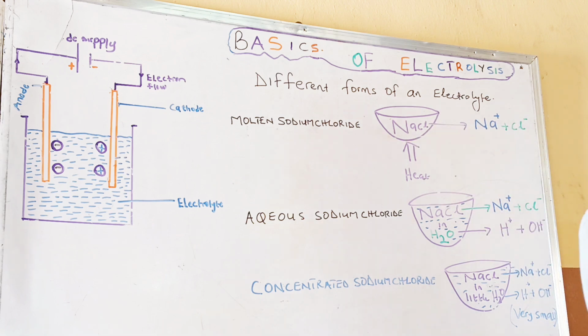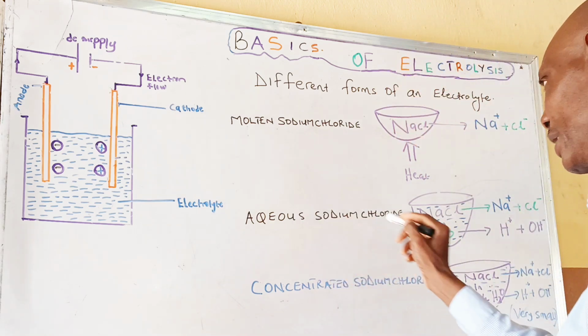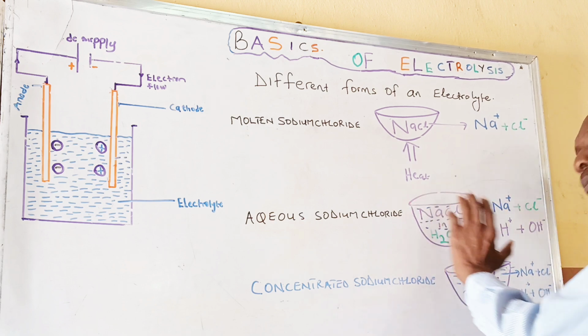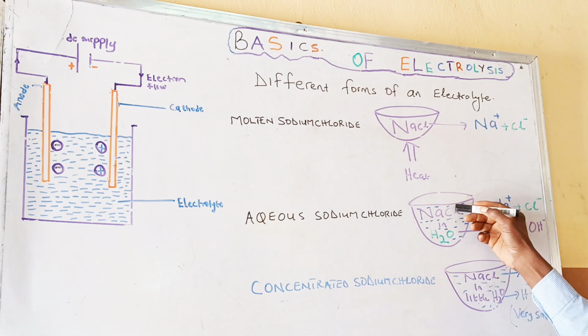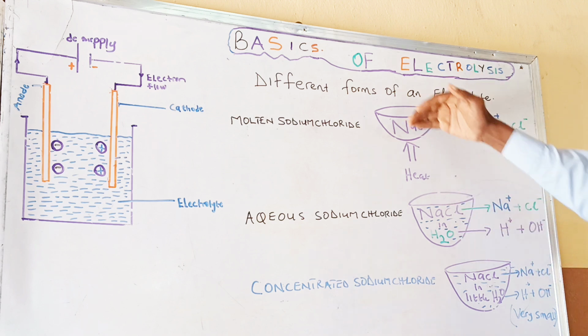Now, on the other hand, if I take my sodium chloride and dissolve it in water, I will have the aqueous form of the electrolyte, the aqueous form of sodium chloride. So aqueous sodium chloride is sodium chloride in water. Now there's going to be a big difference between the ionization.